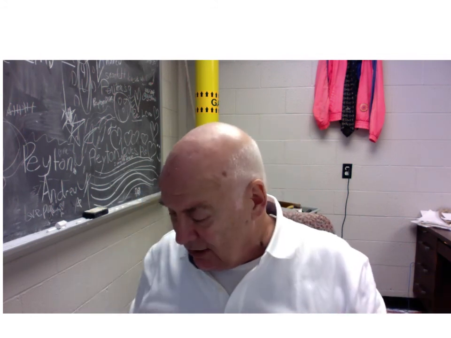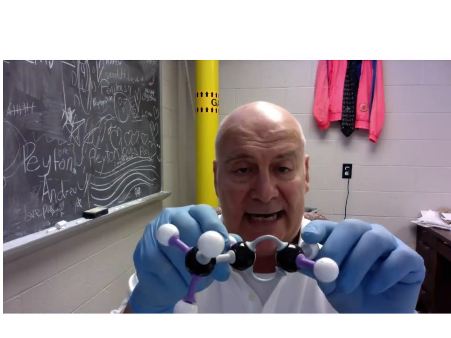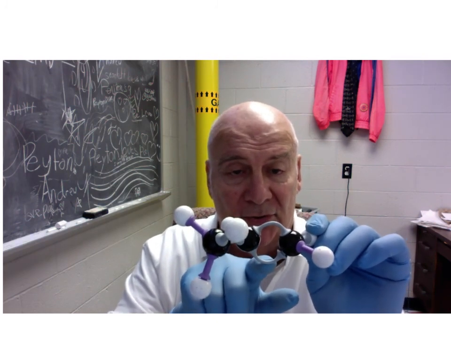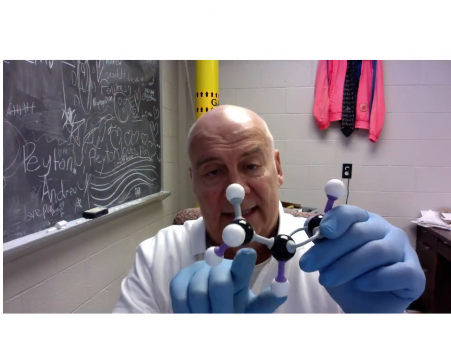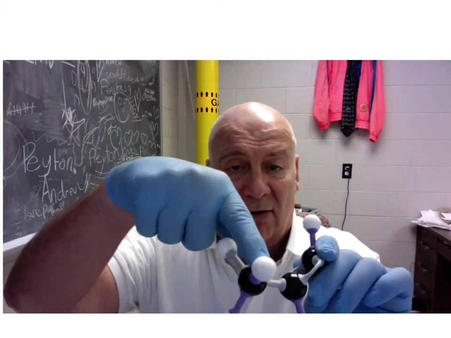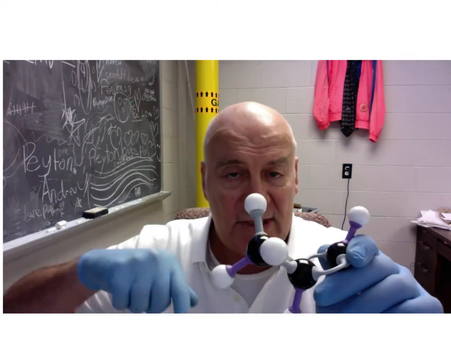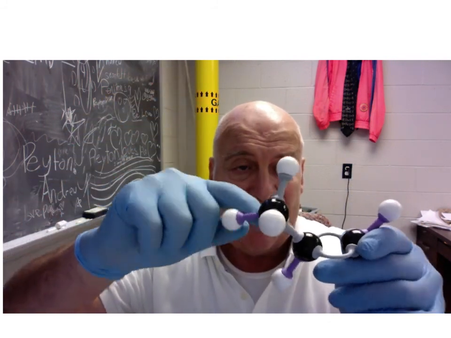Okay, now what I can do is maybe look at something a little more complex. This is a hydrocarbon molecule that has a double bond section between 2 of the carbons, and it has a single bond section between 2 hydrocarbons. Notice there are 4 connections around this carbon. They push as far apart as they can. This region of the molecule is tetrahedral.